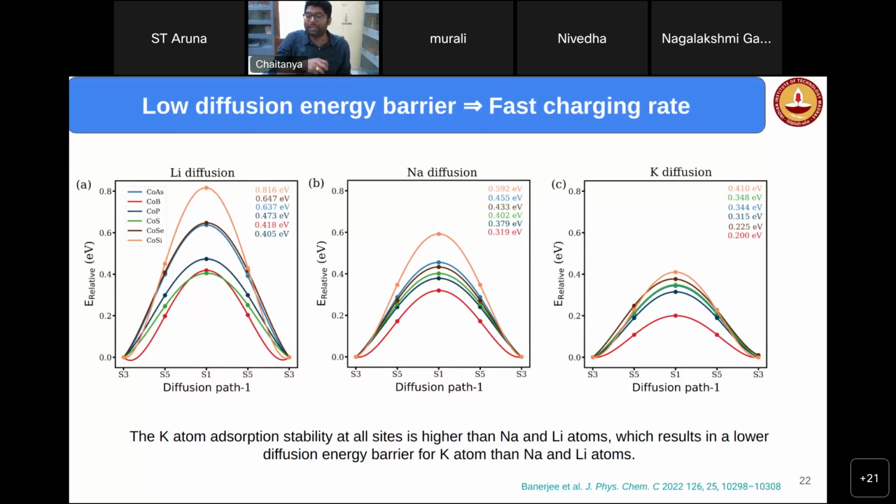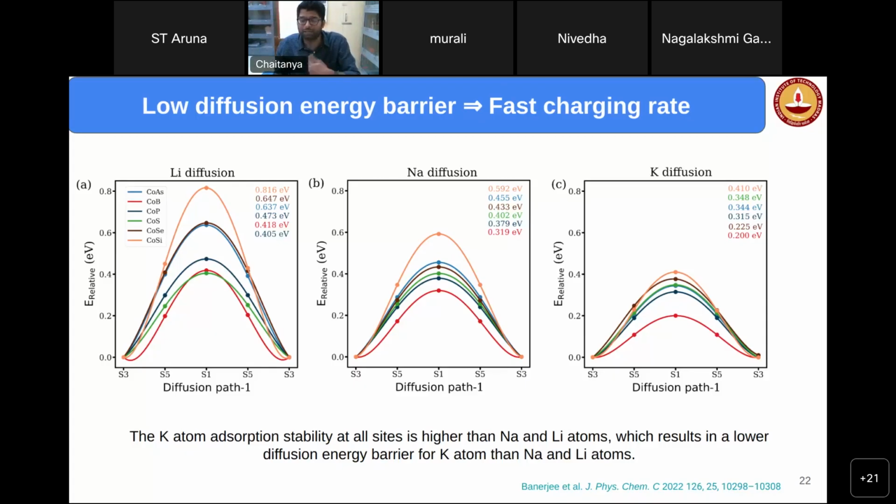Whereas for the migration, you do not need all that energy to remove this atom completely. What you need is to move from one side to the next side, or even intermediate sites also. So accordingly, since the difference between the energies of two sites, let us consider S3 site and S1 site, if the difference between the S3 site and S1 site is less, then the amount of energy required to migrate on the surface will be less.